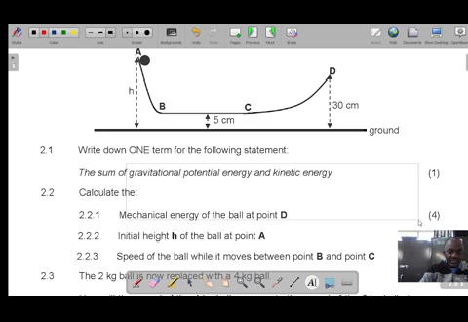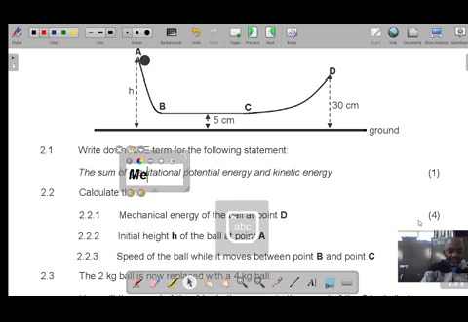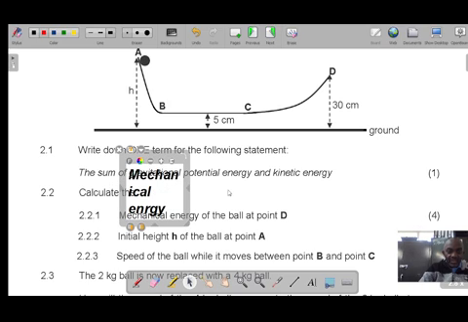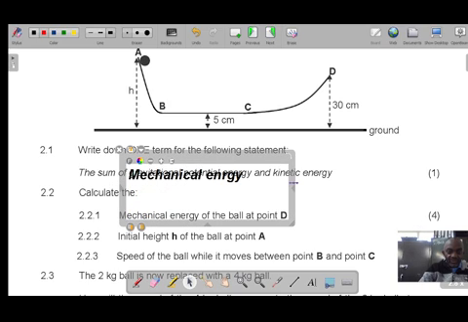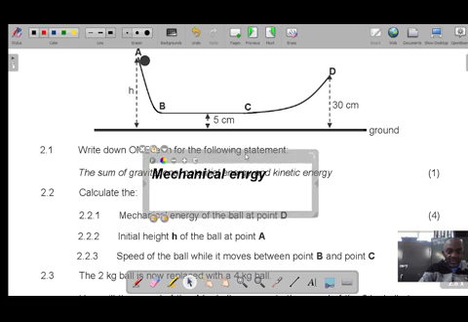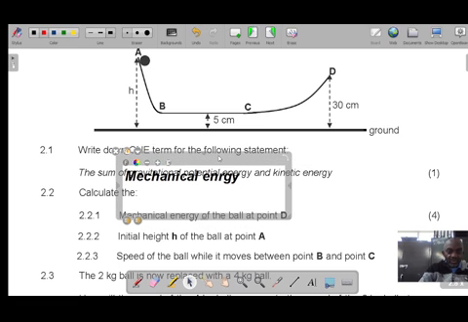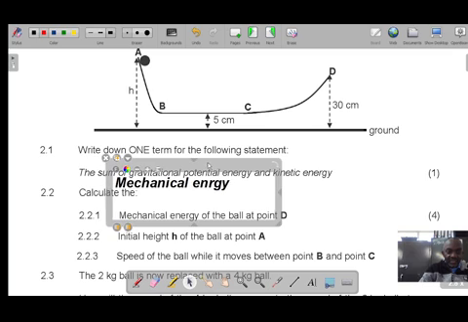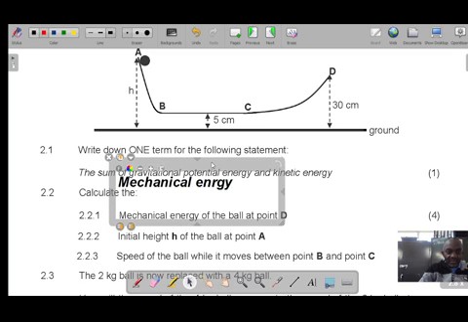It's called mechanical energy. It's called mechanical what? Energy. So this is our answer here, which is the sum of gravitational potential and kinetic energy. So this is mechanical energy. That's our answer there.